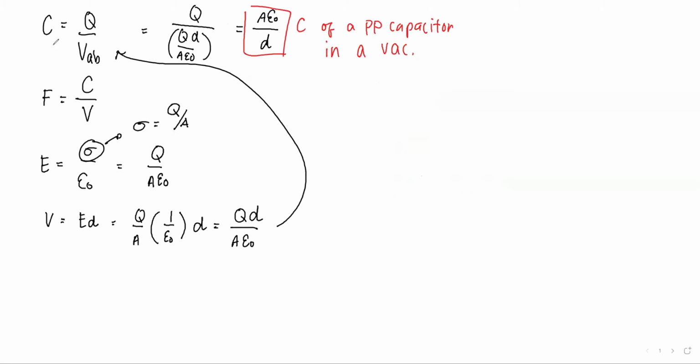Look at this. Can I use C is equal to Q over V? No. This is a parallel plate capacitor, so I'm going to be using the final one, A epsilon naught over D. Let's try it.